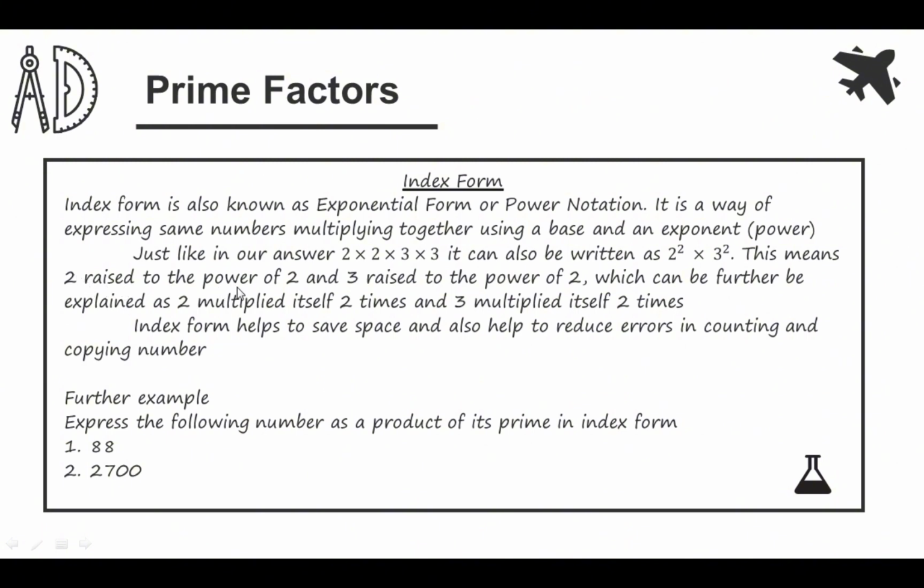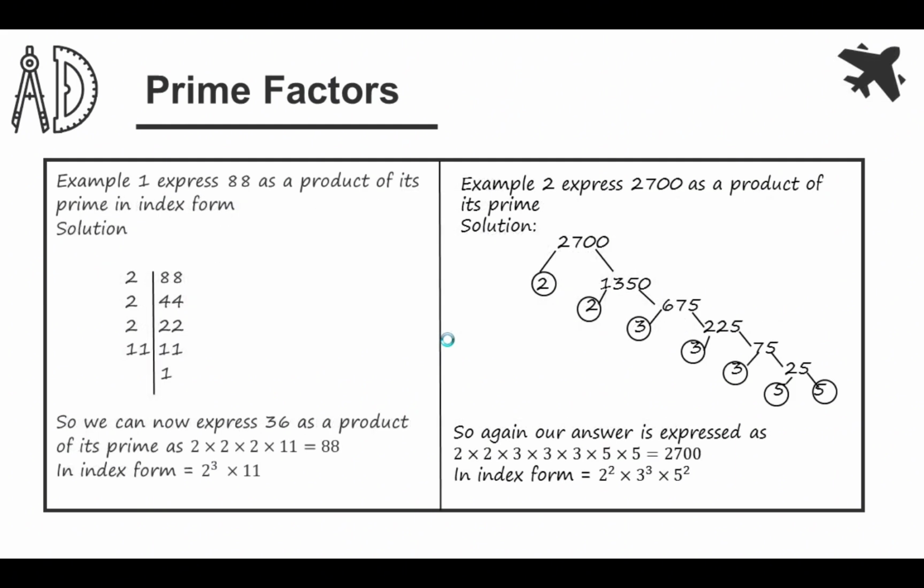This means 2 raised to the power of 2 and 3 raised to the power of 2, which can be explained as 2 multiplied by itself 2 times and 3 multiplied by itself 2 times. Index form helps us to save space and also reduces errors in counting and copying numbers.